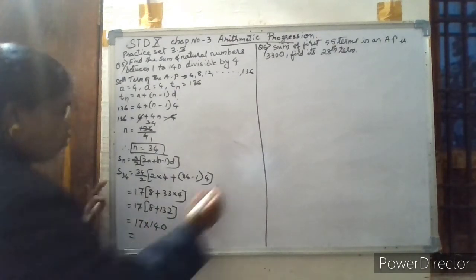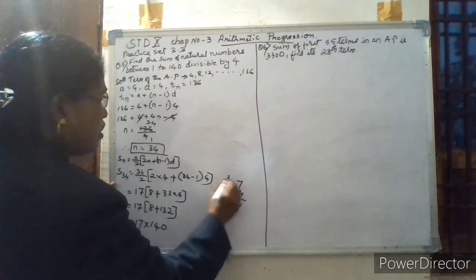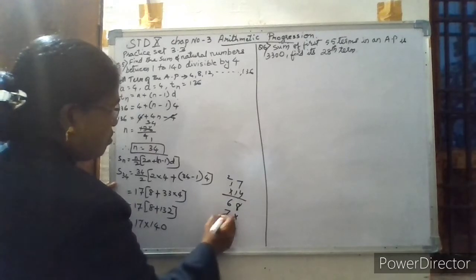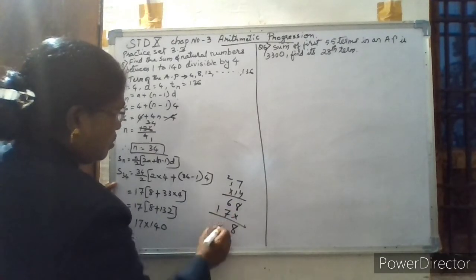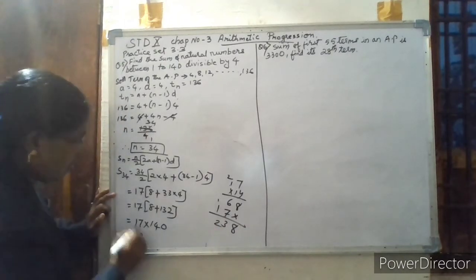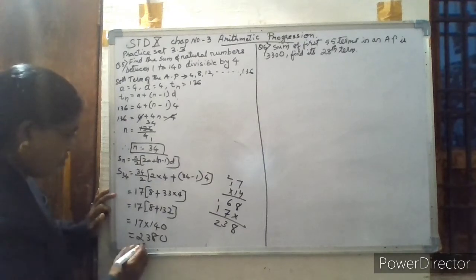So 17 multiplied by 14: 4 7s are 28, carry 2, 4 1s are 4, 6, then 1 there is 7 and 1, so 8, 13, carry 1 2. So the product is 238 and this 0, so 2380.